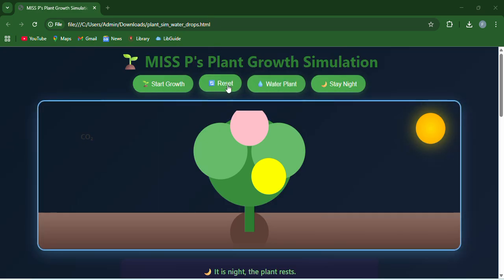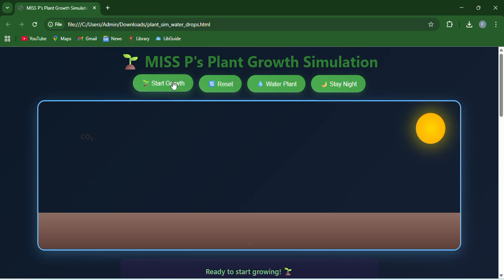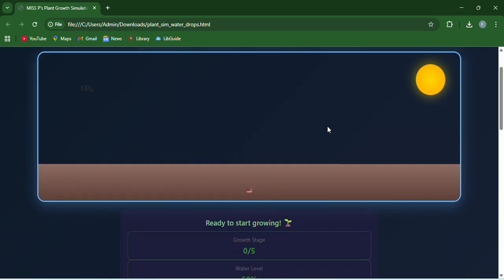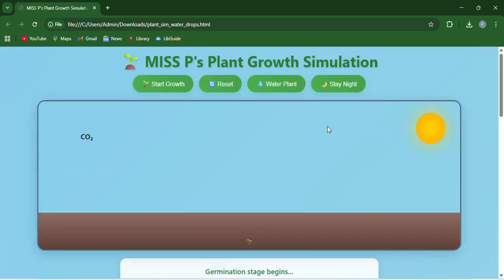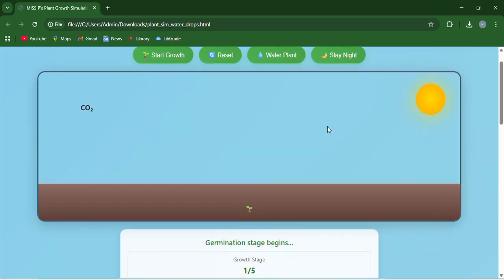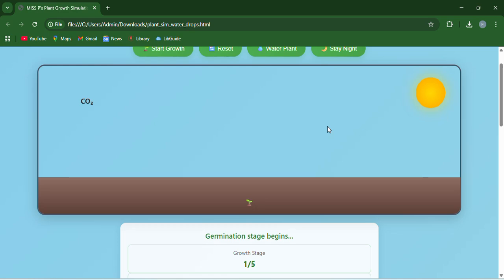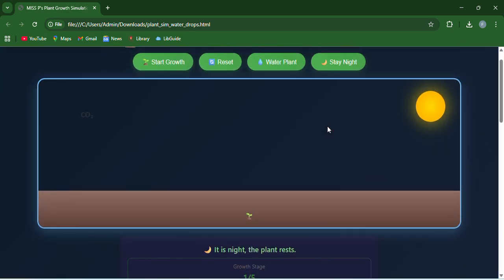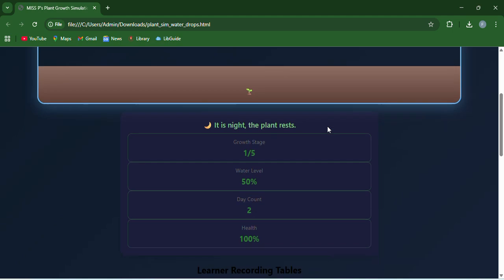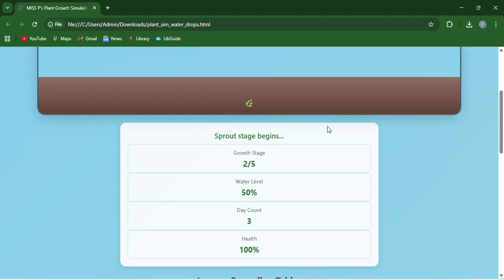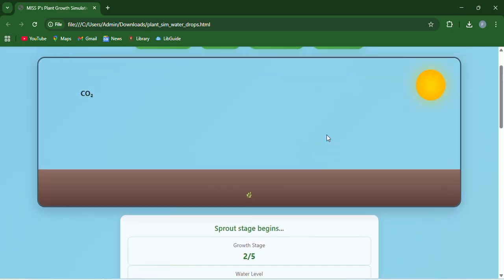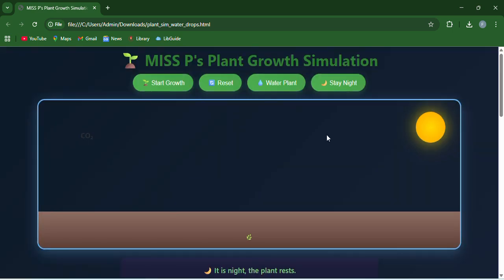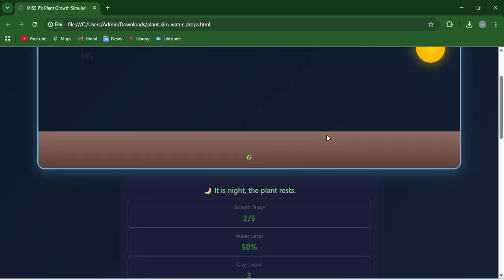I'm going to say reset, start growth. You will note that the water level is at 50%. The germination begins. But you will note that the seed is pretty much growing at the same level the previous one was growing at.